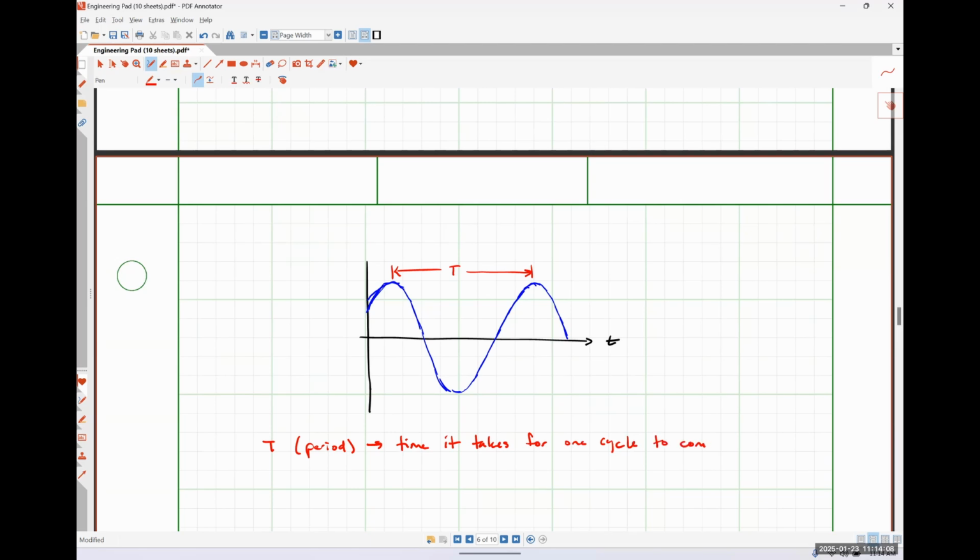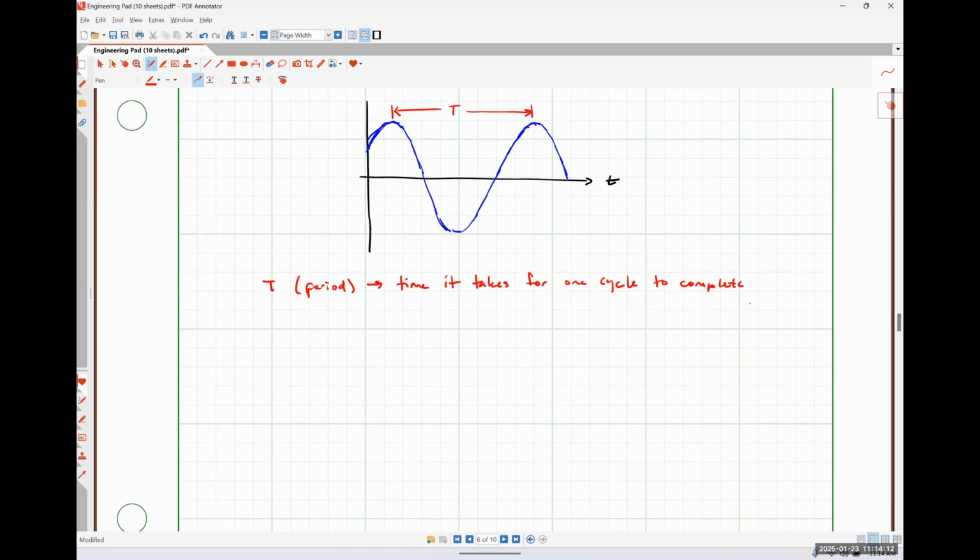So if I take the reciprocal of T, so this is the inverse, instead of the time it takes for one cycle to complete, this would be the number of cycles in 1 second, okay? So this is what's known as our linear frequency, and it is inversely related to this.